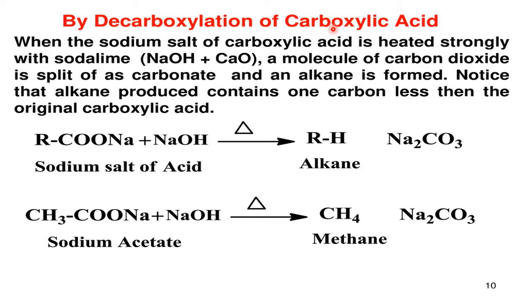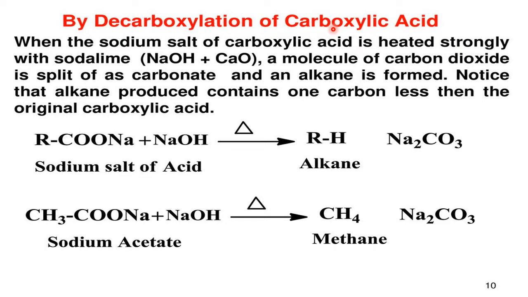First, what is meant by sodium salt of carboxylic acid? From the carboxylic acid, you remove one hydrogen from the COOH group. Removal of hydrogen from the COOH by either K or Na or any metal gives what are called metallic salts of carboxylic acid.